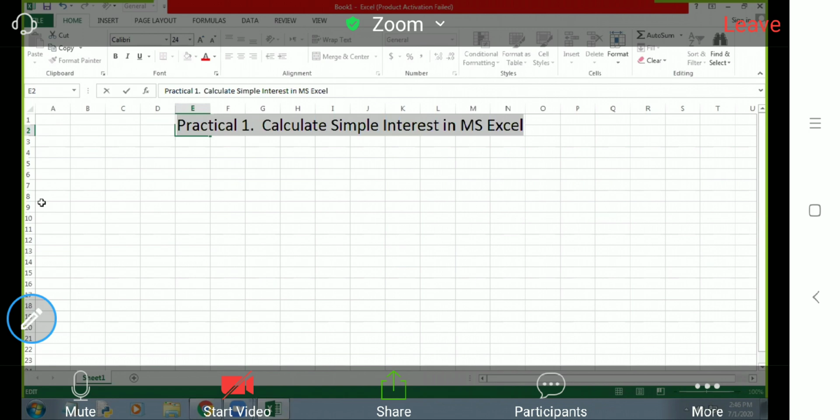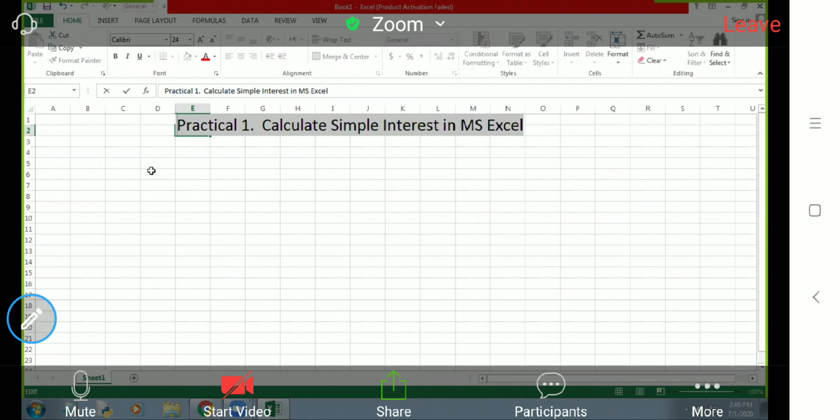So now what we are going to do, we have to calculate simple interest. We can write the formula. First we need some values. For example, do you know what is the formula for calculating simple interest?